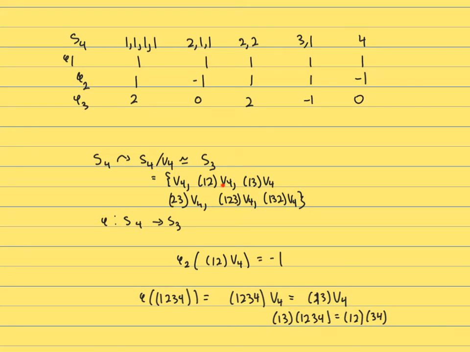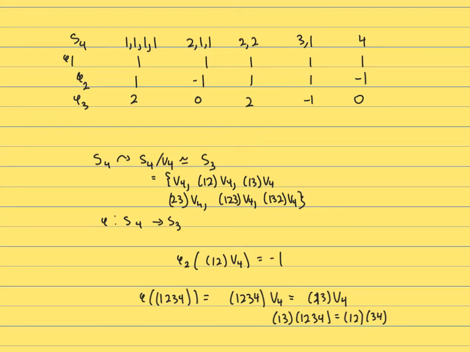So here are our facts. Now, one thing we need to figure out is the character values. From our 3 irreducible representations of S3, we now get 3 representations of S4. Note, they might not be irreducible. That has to be checked, and sometimes this technique doesn't work. So let's see what happens. The trivial representation is still trivial, so the character values are all still 1.